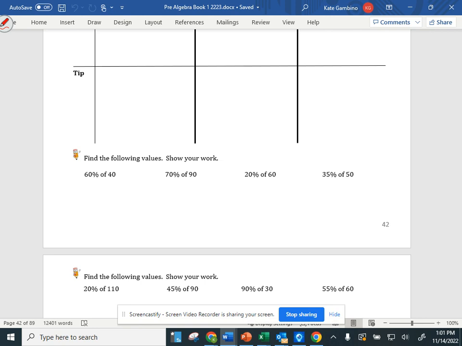Show your work on your paper and then write your answer on your whiteboard. Once you realize there's 3 different ways to do it, and you can use any of the ways, use the ways that work for you.